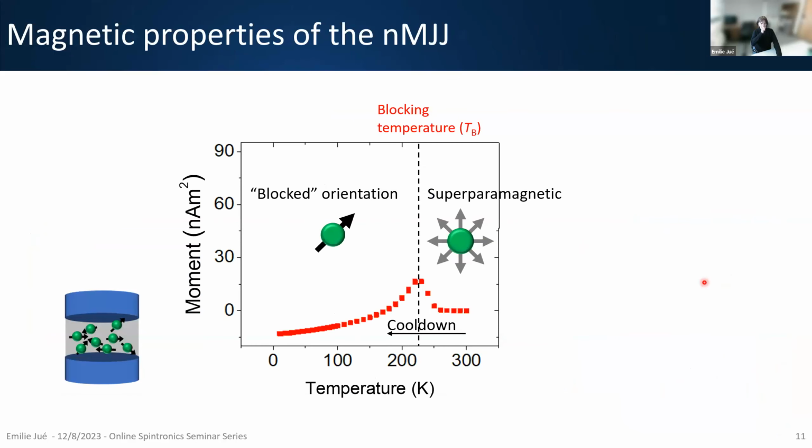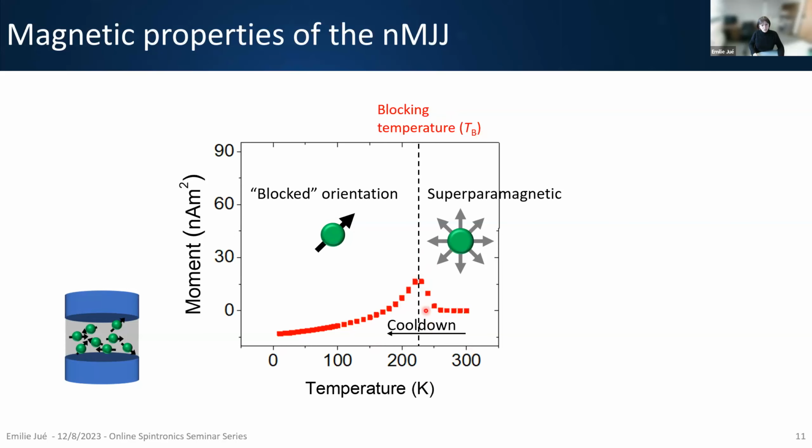Okay, so we study the magnetic properties of our device by using SQUID magnetometry. Here we see the magnetic moment as a function of the temperature between 4 Kelvin and room temperature. What we see is that the temperature that corresponds to the maximum magnetic moment is called the blocking temperature.